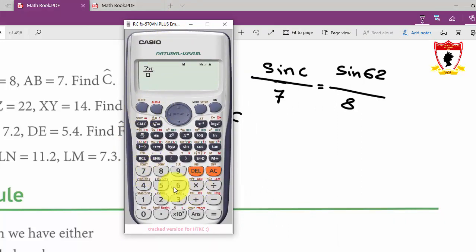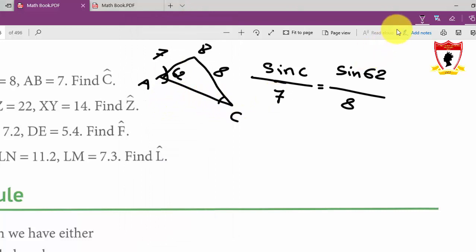Seven times sine of 62, this result over 8, gives 0.7725. Then what's missing is the angle. We need to use sine inverse of the answer. Got it, 50.5. Angle C in this triangle is 50.5 degrees.